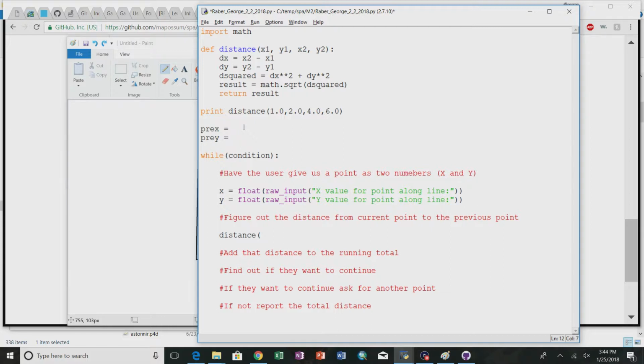Well, yeah, there are a few different ways of doing this. I think the path that Elliot is on is that we could put a condition in here that says, if this is the first time through the loop, make previous x and y equal to x and y. That would be one way to do it, right?